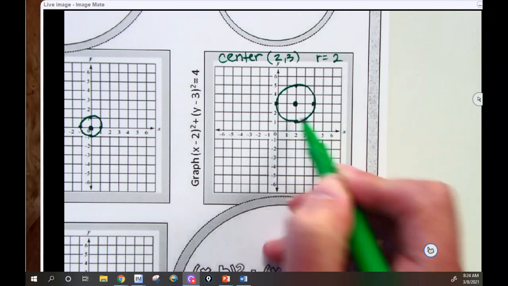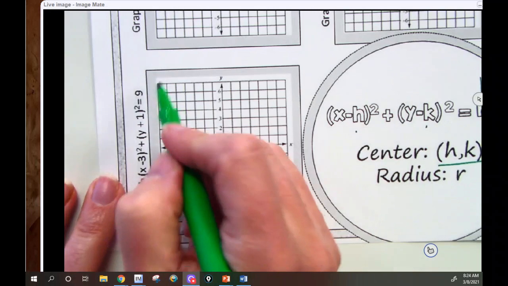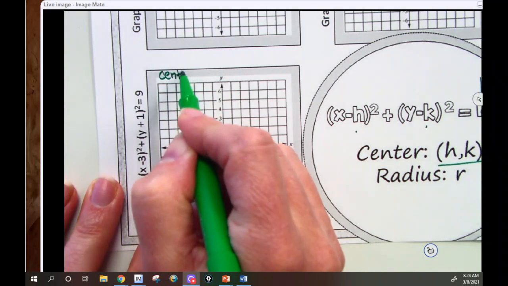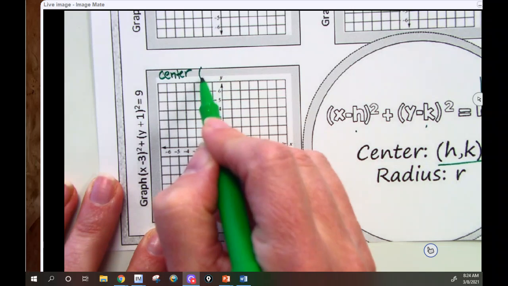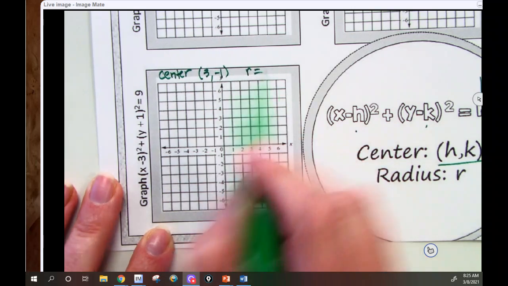So now that I've reminded you about opposites and radius, and I'm reminding you again, I bet on this last circle up here, we're going to get it. So, what's my center? 3, negative 1. 3 and negative 1. Good. And my radius is? 3.